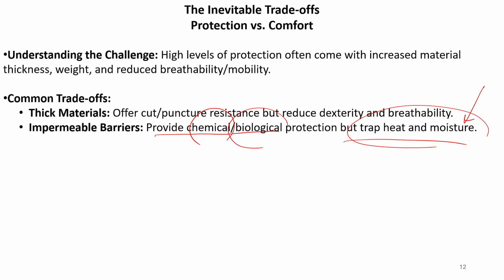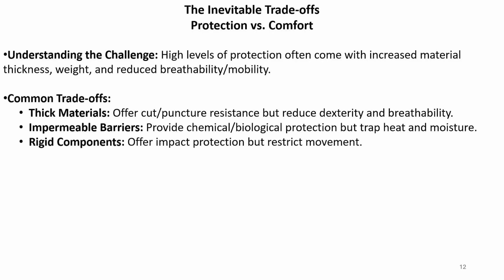One way is to redesign the garment. So, design will be important where we have to use an impermeable membrane. Rigid components are also sometimes used, like hard body armor. For a bulletproof vest we need some rigid component, which offers impact protection but restricts movement.